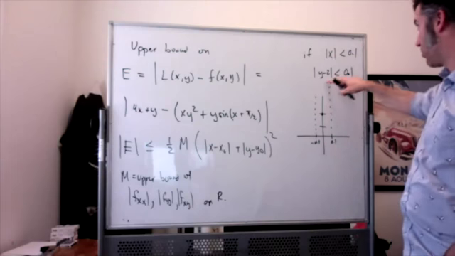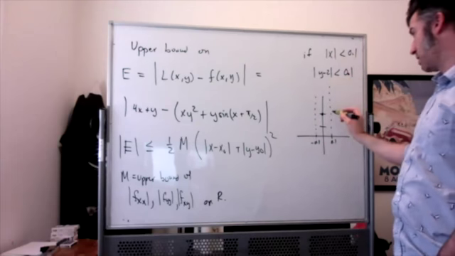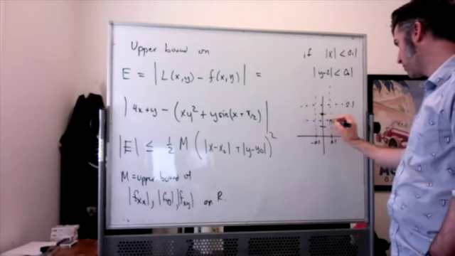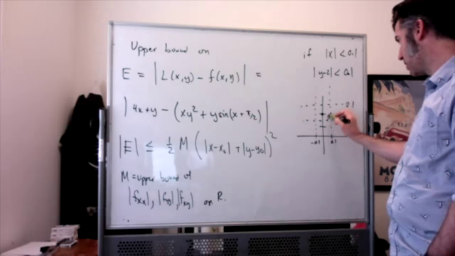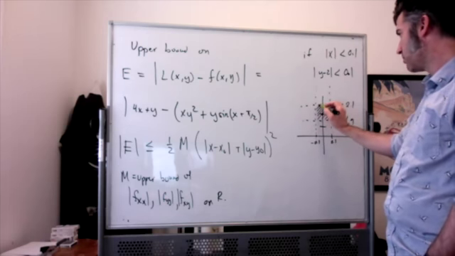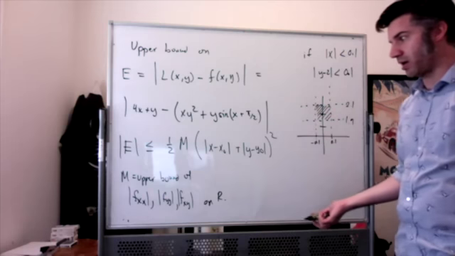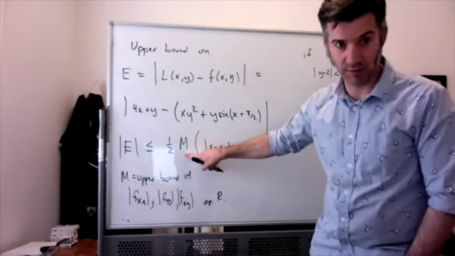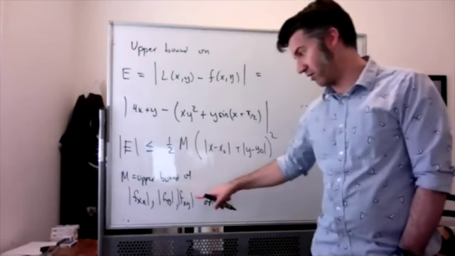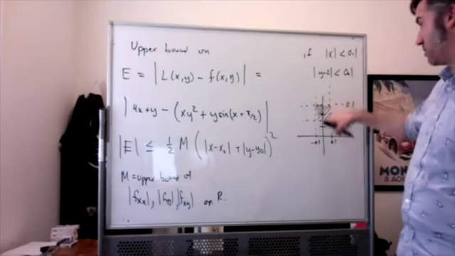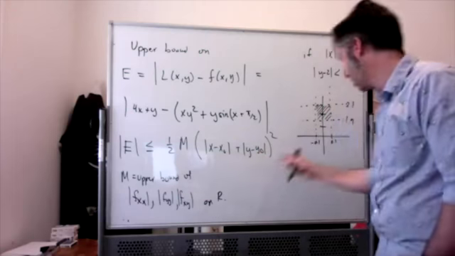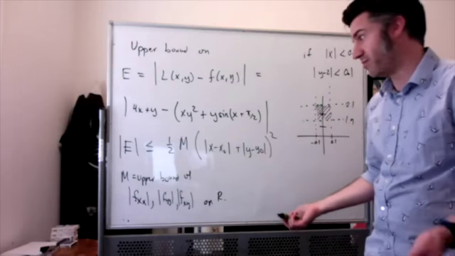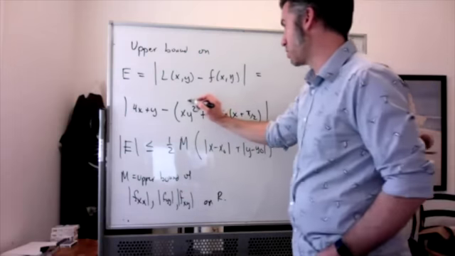And then we can also go up or down 0.1, right? y can be as big as 2.1 and as small as 1.9. So we're looking at this region here. M, the number that has to go in this calculation, is the upper bound of all the second derivatives evaluated on this region. So basically the biggest any of those can be on this square or rectangle. Okay, let's find them. So again, here's the function.